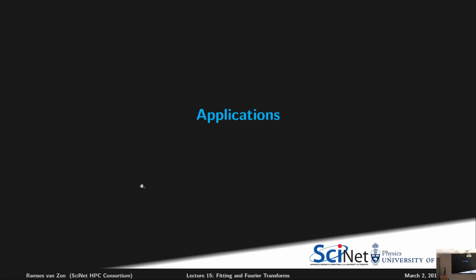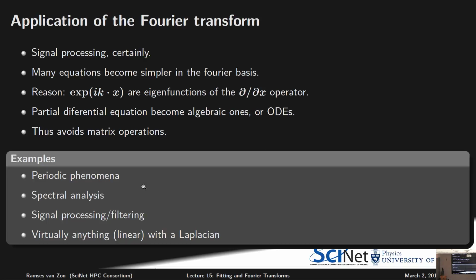So I want to end with a few applications of this, maybe just one. When do you need the Fourier transform? Well, you'll certainly need it when you're doing signal processing and you want to know about the frequency components. But it also turns out that a lot of equations can be solved more easily using Fourier transforms.